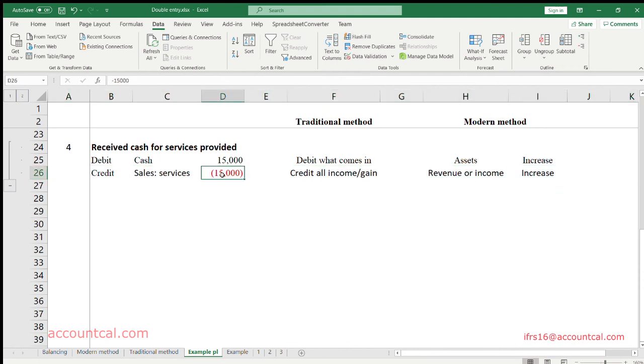That's what we have done here, minus 15,000. So when revenue or income increases, you should credit that. And in the traditional method, credit all income or gains. We know it's income or gain because we have received cash and it's income for us. That's why we have credited sales.